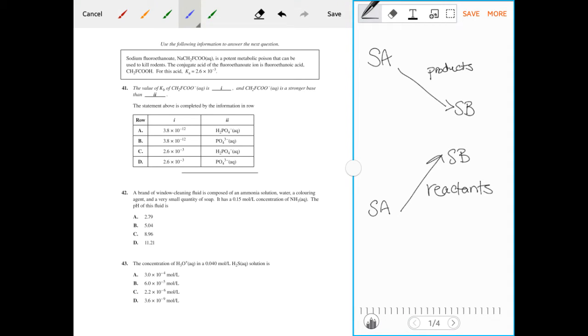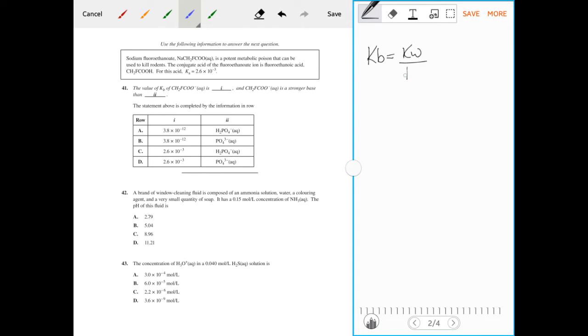So, in order to calculate Kb, okay, we are going to use this formula again, where our Kb is equal to our Kw over our Ka. So it says the conjugate acid has a Ka of 2.6 times 10 to the negative 3. So when I plug this in, I have Kb equals my 1.0 times 10 to the negative 14 as my Kw, and my Ka is 2.6 times 10 to the negative 3.